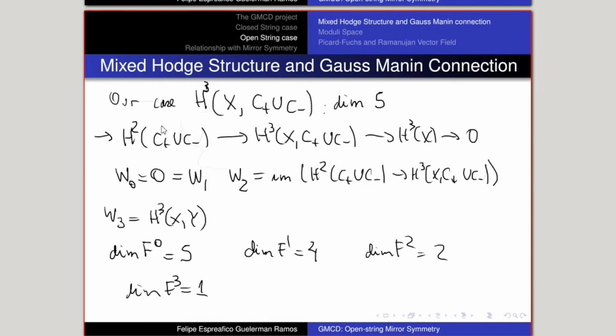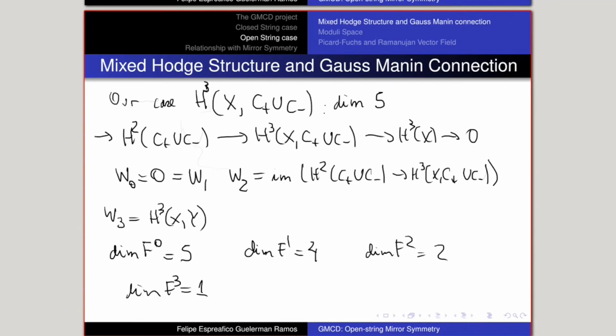That's because it's like a 1-1 form, right? And that's why it's on F1. I mean, maybe it's not trivial, but it's easy to see. So that's why the F1 is dimension 4, because it has this extra element.